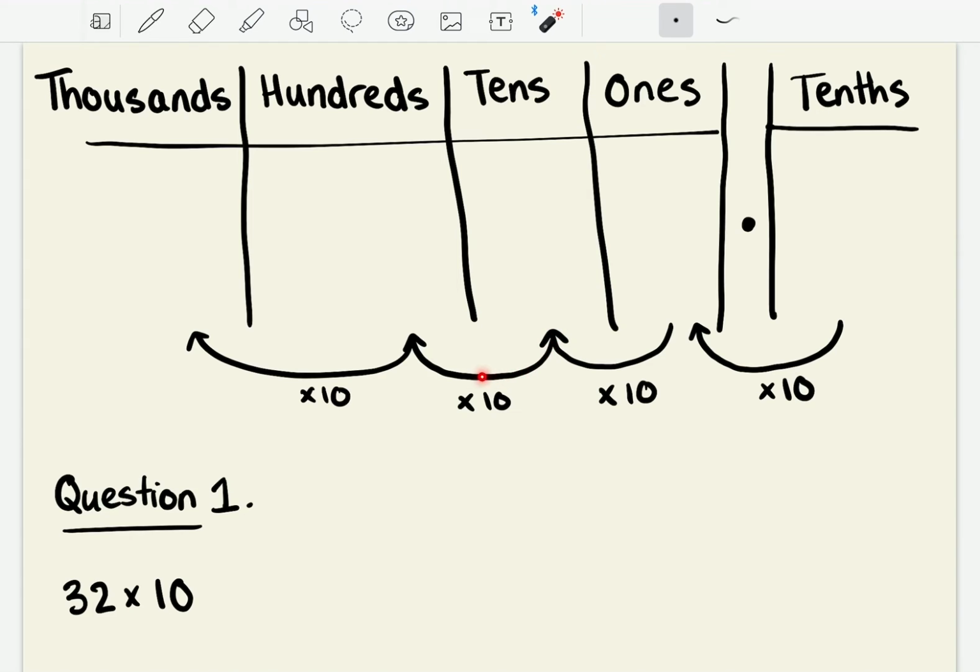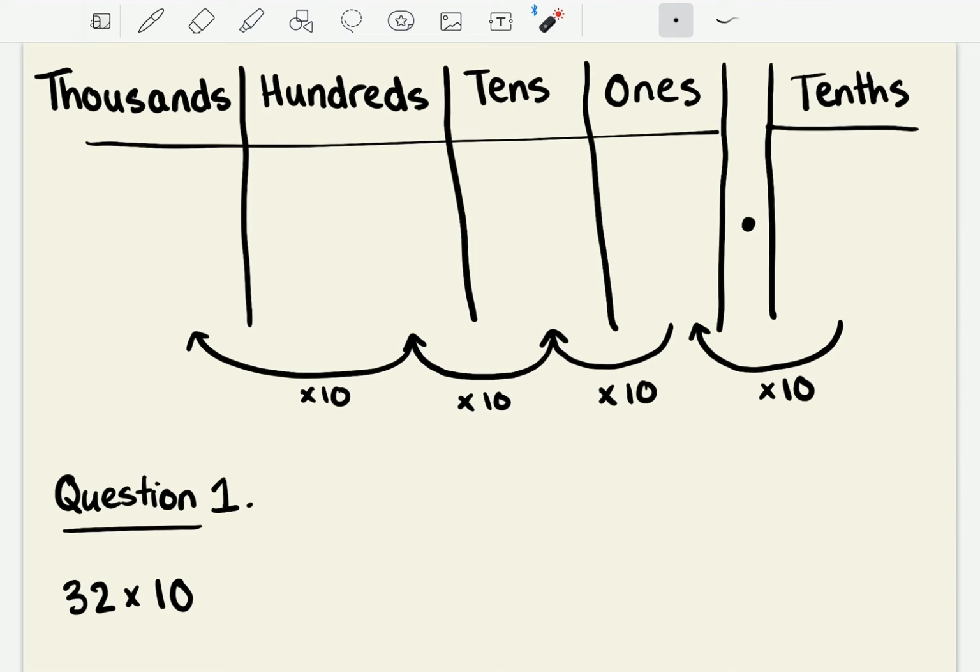If you move from the 10s to the hundreds, the hundreds column is going to be 10 times larger than the 10s. And then the thousands, that's 10 times larger than the hundreds. Even from tenths to ones, moving to the left, I know that 1 unit is 10 times larger than 1/10.